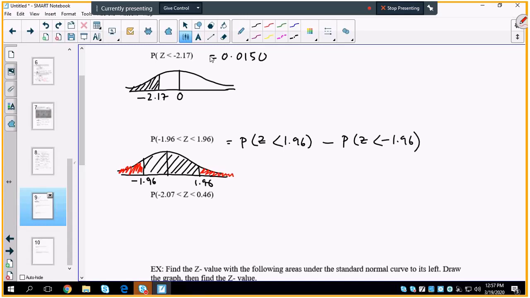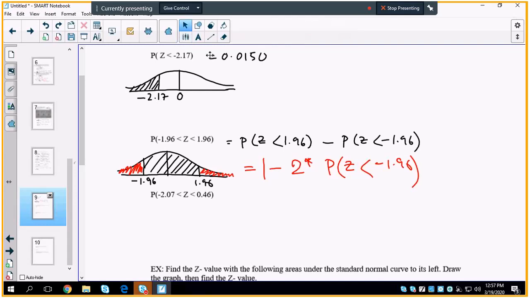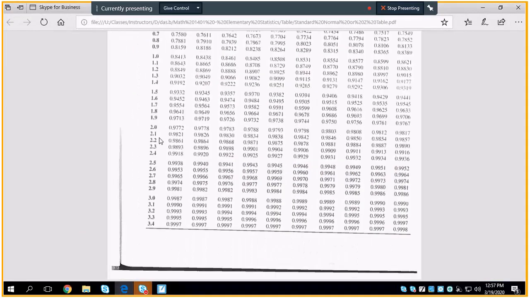So the black area is equal to the total area minus 2 times the probability of Z less than negative 1.96. So find it once, multiply it by 2, and subtract from 1. Whichever way you can work it out. The symmetry of the normal distribution is so nice. It helps you work out problems in so many different ways. So I'm going to do it both ways. Let's first do the higher score minus the lower score. 1.96 is on the positive side. 1.9 is the row.